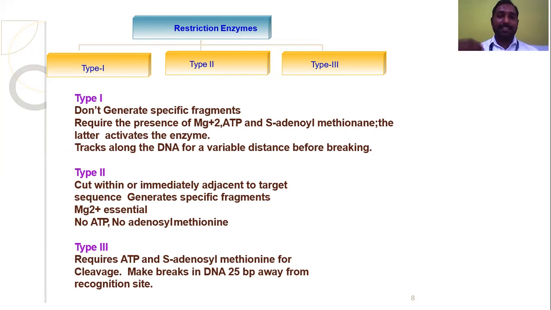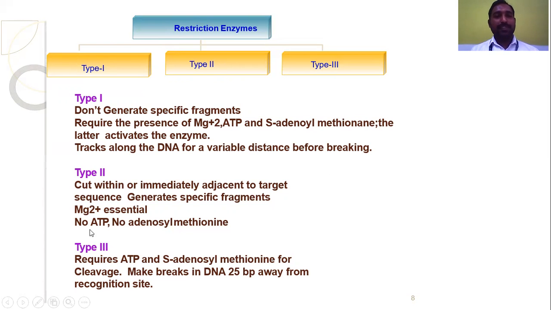So it doesn't cleave at the recognition site, and it won't split in the same recognized site. This type 1 restriction endonuclease needs magnesium ions, ATP and S-adenosyl methionine for activating the enzyme. It can also track the DNA for a variable distance before breaking, away from the specific recognized sequence.